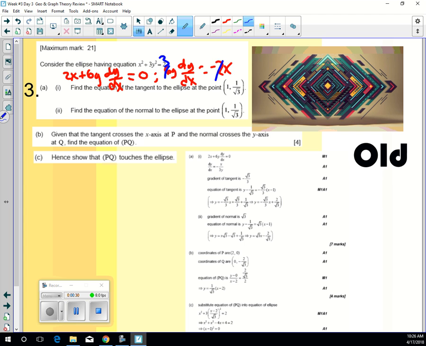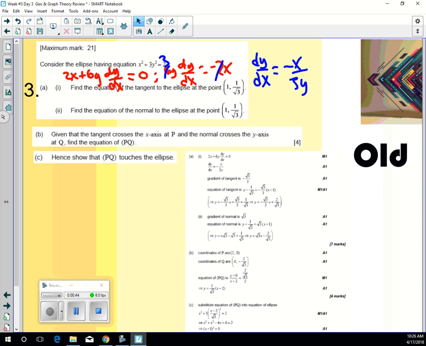So we'll have dy/dx equal to negative x over 3y. Anybody disagree with that? Is that all right?